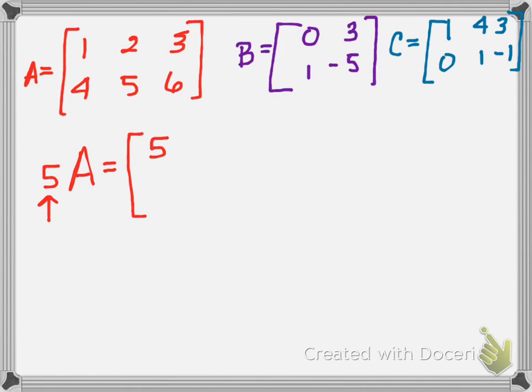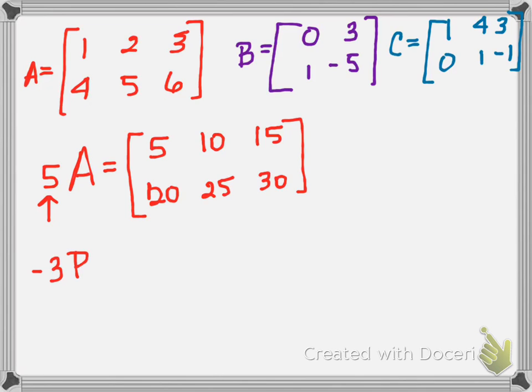So I get 5, 10, 15, 20, 25, 30. Or I could do -3 times B, and that would give me 0, -9, -3, 15.